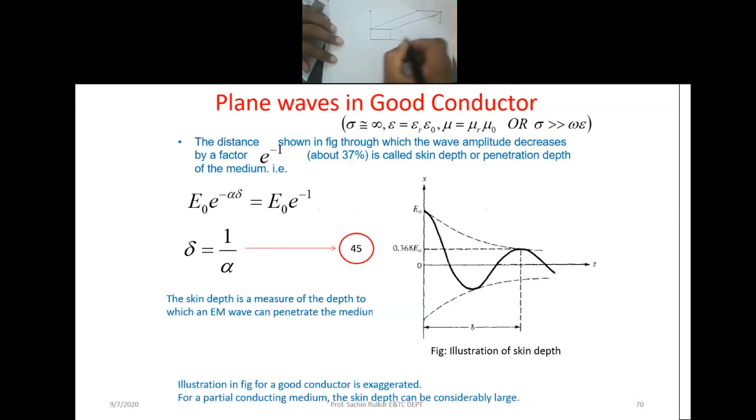This is our rectangular waveguide, and the inside walls are conducting. The inside walls of this waveguide are conducting ones.